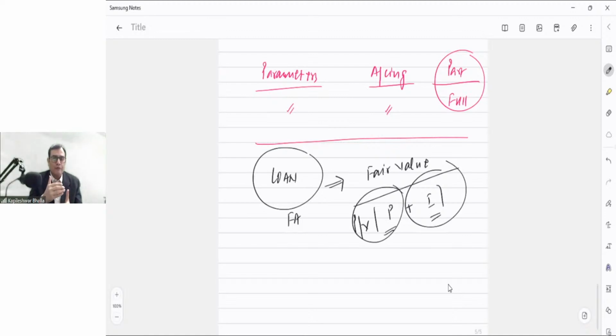Till now, what we have seen is that you've assigned your trade receivables in entirety. But there is also a possibility that the company assigns its trade receivable and enters into an arrangement where you transfer only the principal element, or only the interest element, or both the principal and the interest element.